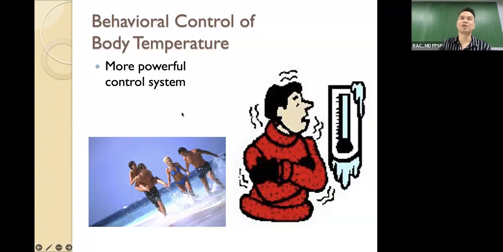So for example, during warmer climates, we prefer to go out to the beach and wear light clothing, shorts and a sando only, things like that. However, if the climate is colder, we prefer to wear sweaters, stay indoors, sip warm cocoa or coffee, things like that. So our behavior is said to be the more powerful control system in regulating our body temperature.